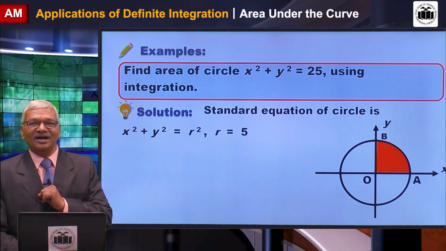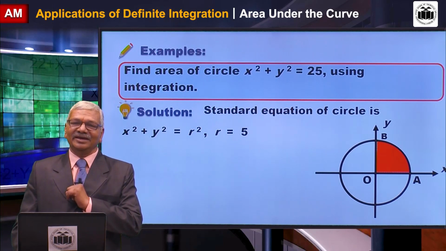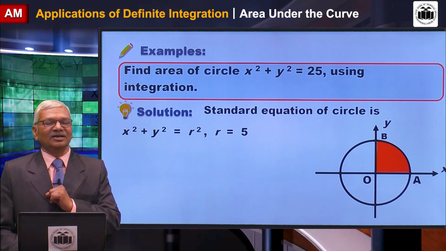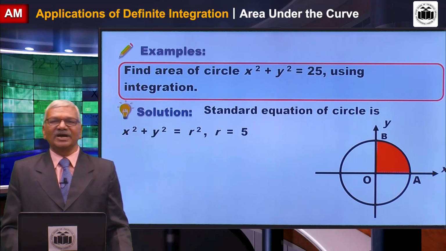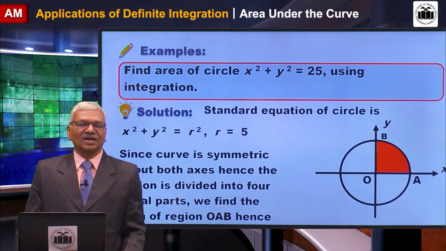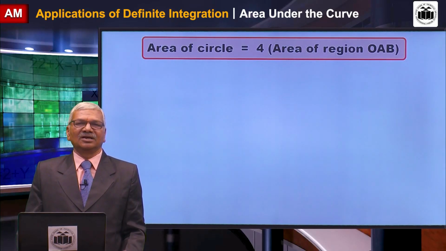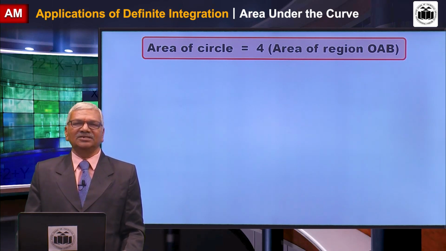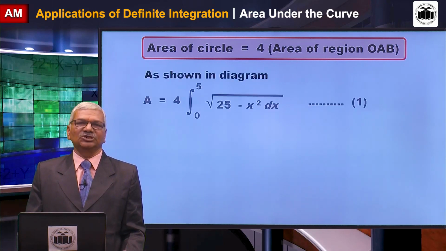So how do we find the area of the region OAB? We are putting the values in the formula x square plus y square equals r square. And then making it 4 times, we get the area of the circle: area of circle equals 4 times area of region OAB, which is 4 times integration 0 to 5 under root of 25 minus x square dx.